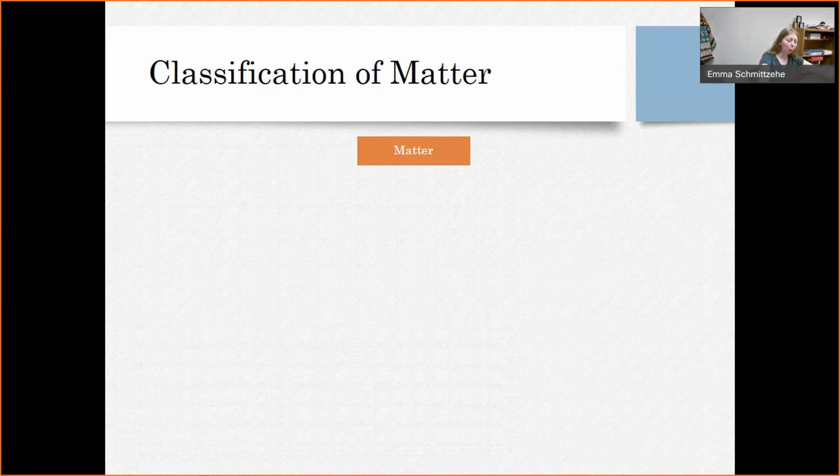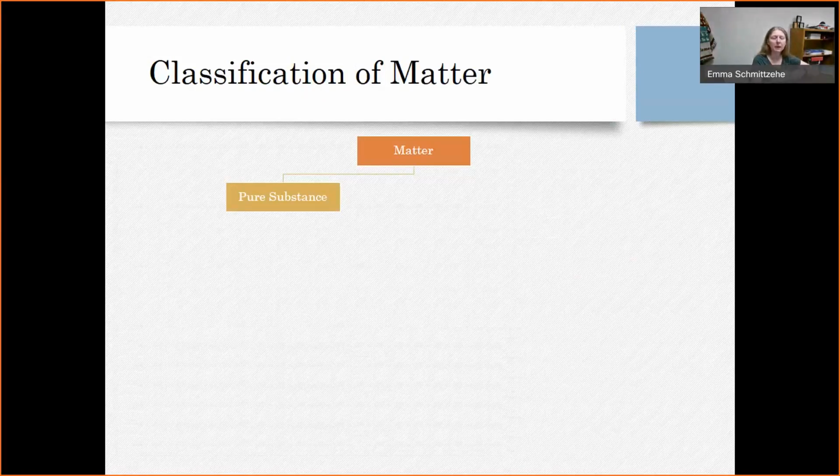So for matter, one major classification is pure substances. Okay, so pure substances are things that have a constant composition throughout. And so if I take that pure substance and I take smaller samples from it, it's the same stuff all the way throughout. And no matter how small of a sample I take, if I go down to the smallest unit of that substance, it's the same as another smallest unit of that substance.